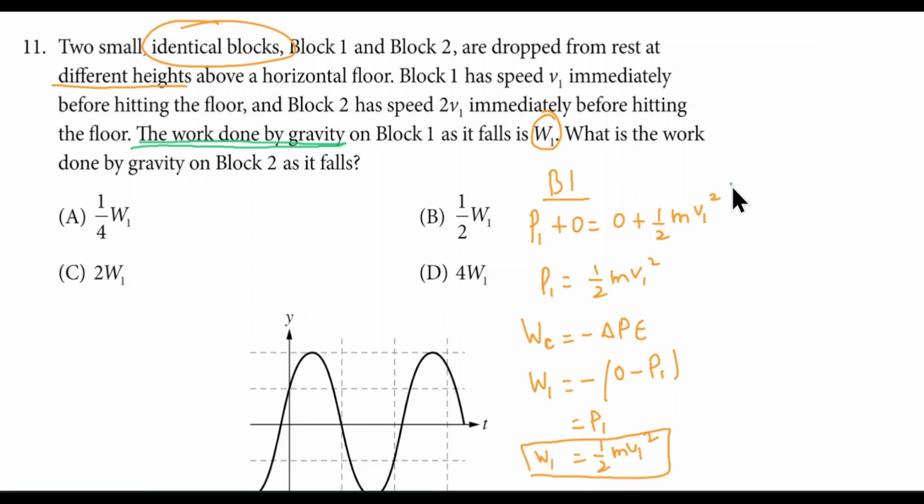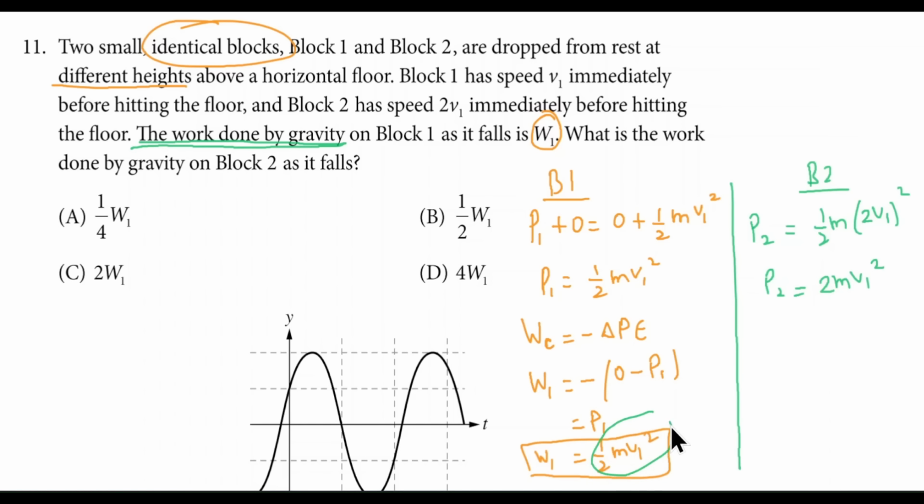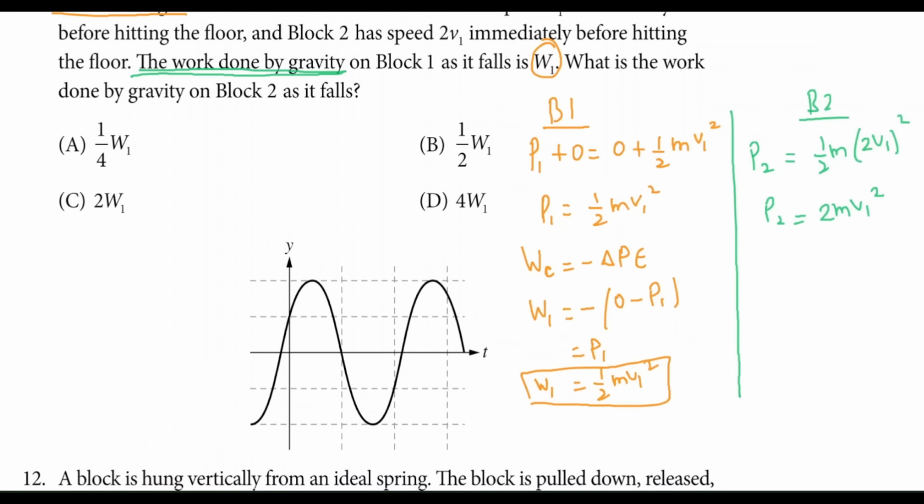Now we have to find block 2. For block 2, again the initial potential is equal to half m, and the velocity is now 2v1. So that's going to give me 4 over 2, that is 2 m v1 square. That is the value of P2. And what is half m v1 square? In fact, from here, can we manipulate this a little bit?